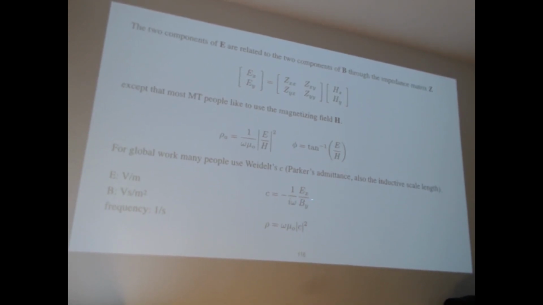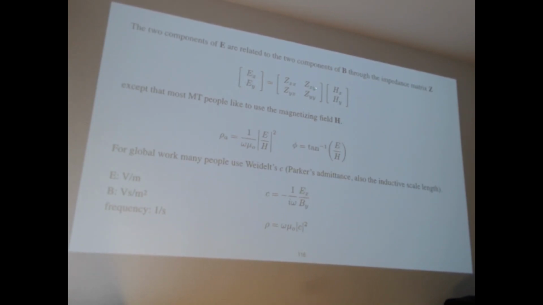There's also another thing you can do instead of the impedance matrix: you can just take the linear ratio and call it the impedance scale, or inductance scale. Weidelt, a famous German induction guy, basically used this. And we'll see this later if we talk in more detail. In magnetotellurics, we've got the apparent resistivity given by the ratio of E to H, and the phase, which is the phase difference between E and H. And of course, when you look at the phase difference, it doesn't matter what level of E is.